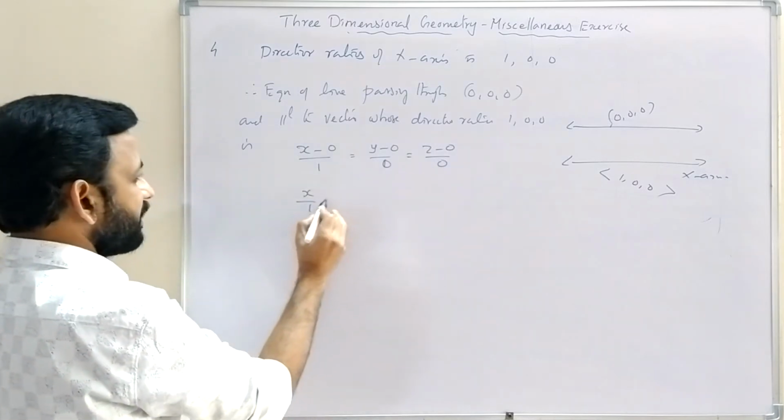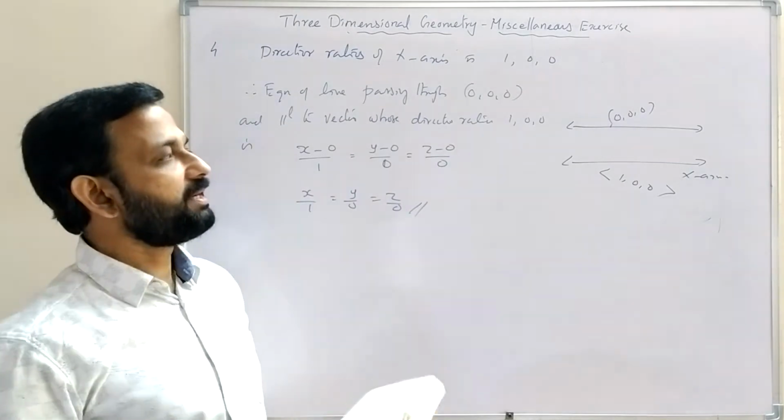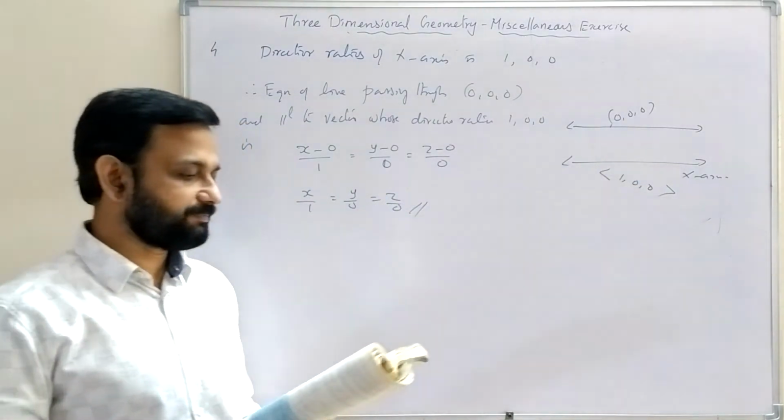So that is x by 1 equal to y by 0 equal to z by 0. So this is the equation of the line passing through the origin and parallel to the x-axis.